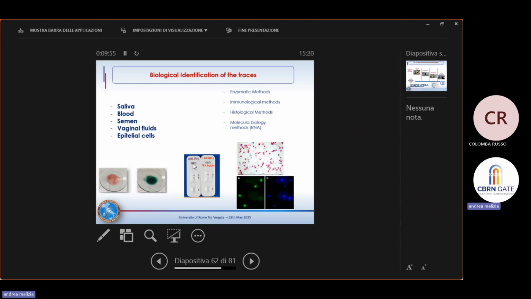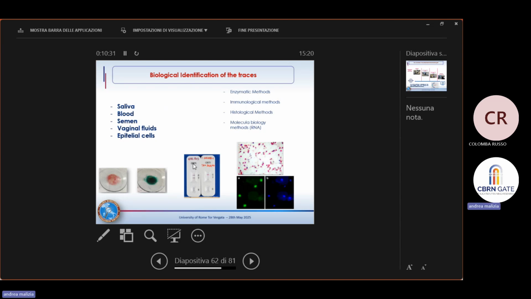And in this case, there are many methods: enzymatic methods, chemical methods, immunological methods, histological methods. For example, for direct visualization, there are some methods to color the sperm obtained from an item, and here you have the sperm directly visualized, or maybe you can use other fluorescent proteins to identify them, and immunological methods.